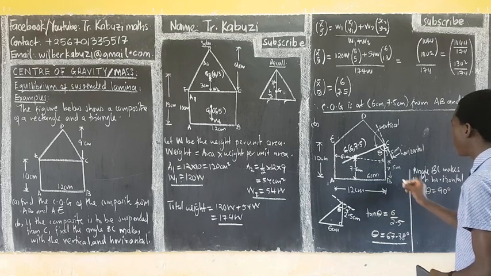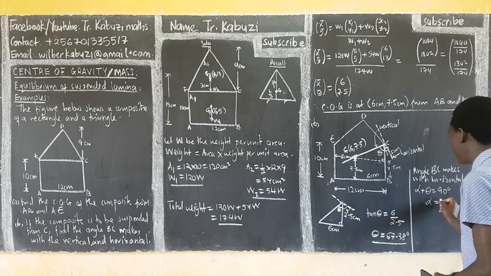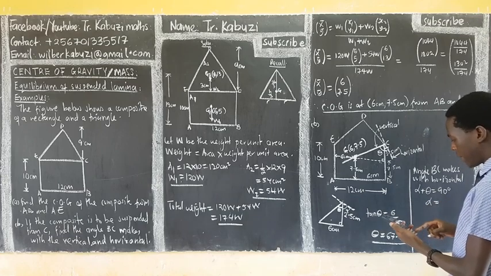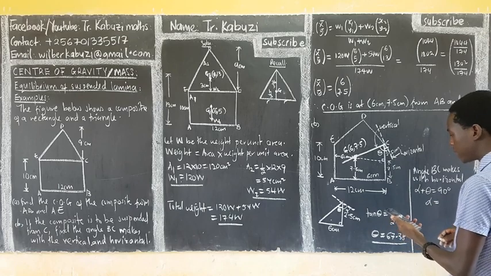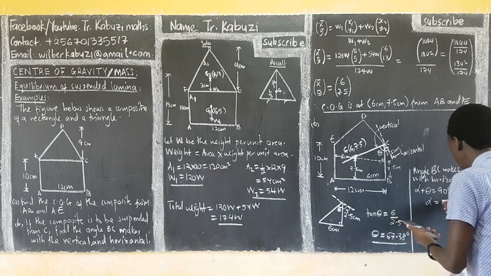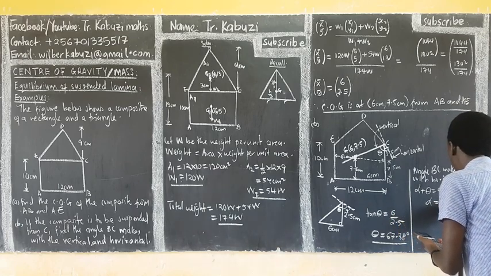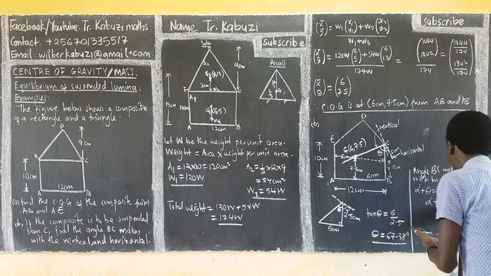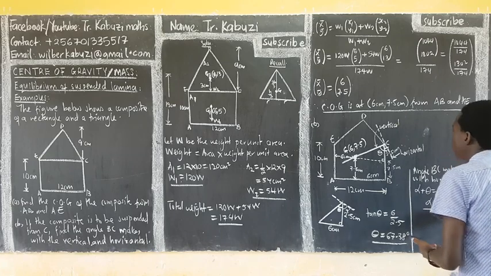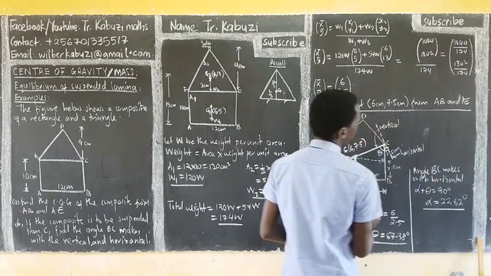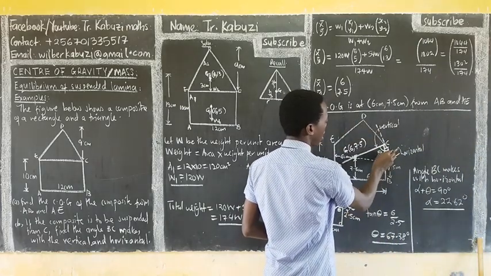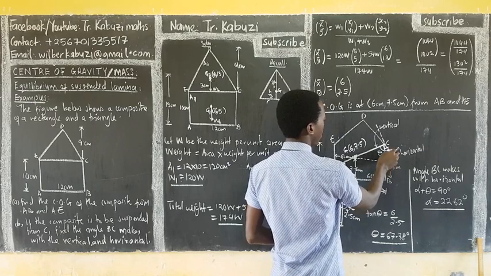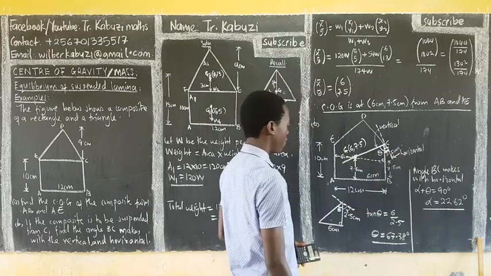Meaning my alpha is 90 minus theta, which gives me 22.62 degrees. So this is the angle ABC makes with the horizontal, this angle here. I'm calling it alpha.